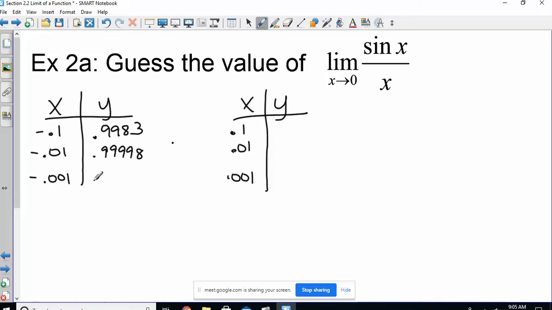Okay, negative 0.001. 0.9999998. I don't even know how many nines there are, like 6 nines. Okay. 0.1. What'd you get? 0.999. 0.01. 0.001.